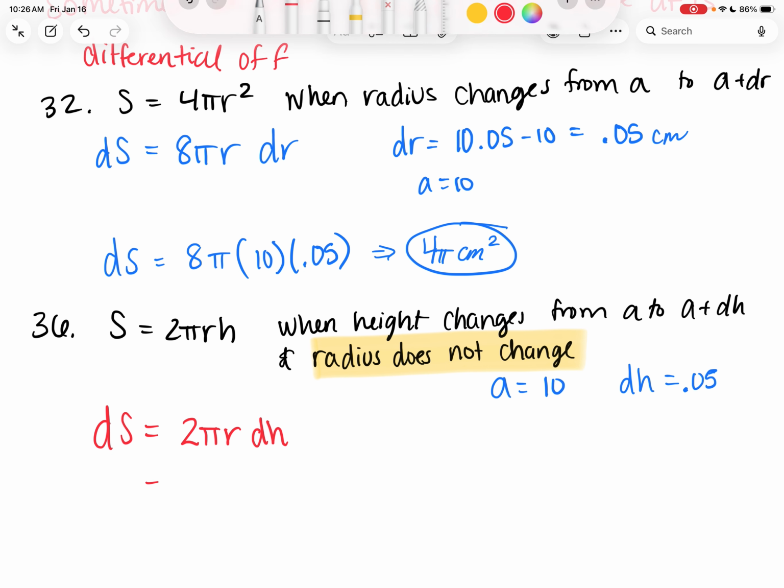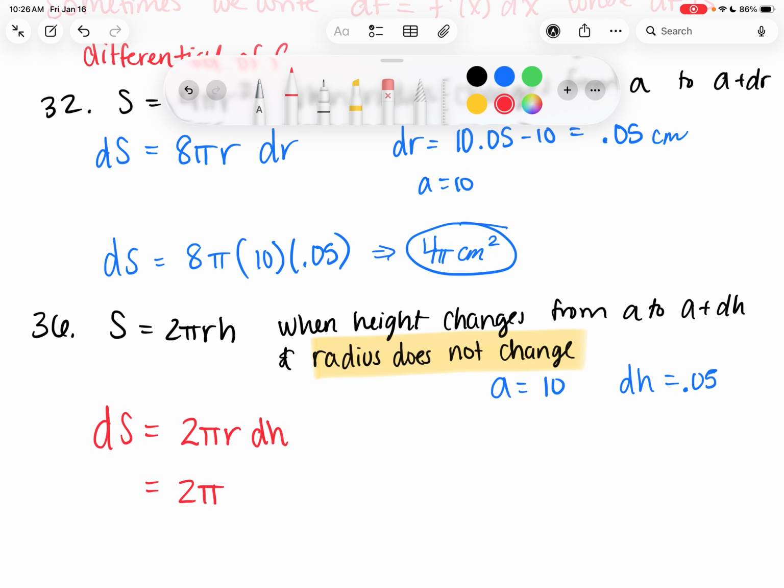So I've got ds is equal to 2 pi times the radius. Did they tell me what radius was? I do not think so. Yeah, they don't tell me what radius is. They just tell me that it stays constant. So I'm just going to leave it as R. And then times 0.05. And I think 2 times 0.05, yep, is 0.1. So then we would just say that this is 0.1 pi r centimeters squared for my surface area there.